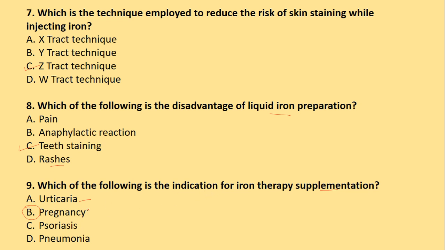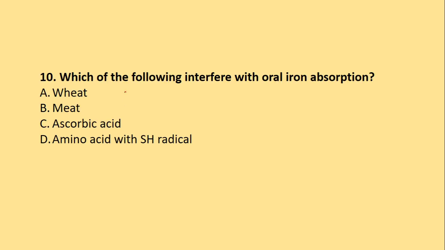So the option B is correct. So coming to the 10th MCQ, which of the following interferes with oral iron absorption? Ascorbic acid, amino acids with SH radicals, and meat which increases HCl level will increase the absorption, whereas wheat will reduce the absorption because of its phytates.